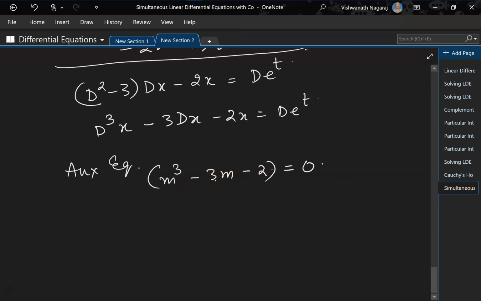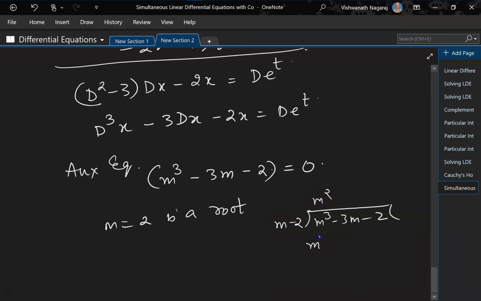Which means m equal to 2 is a root, right? So how do we get the other factors? Let's divide m cubed minus 3m minus 2 by m minus 2. So m squared: m cubed minus 2m squared, these get cancelled, 2m squared comes as it is, and we bring down 3m.